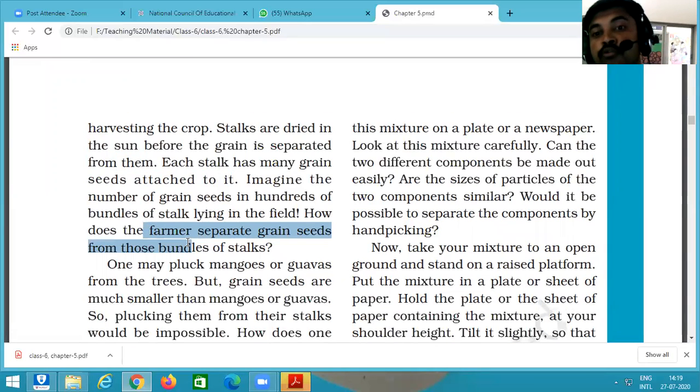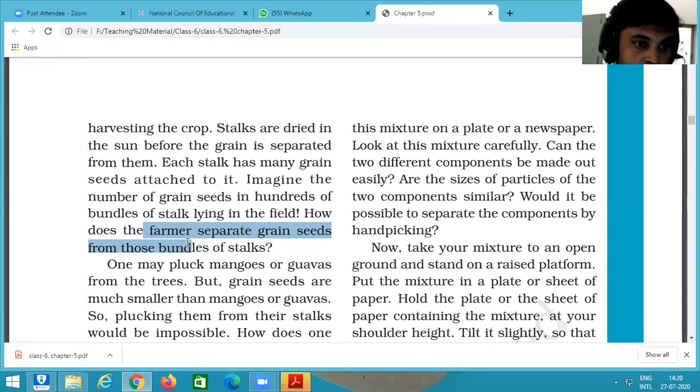If I told you to pick the mangoes from the mango tree, you can usually pick or collect the mangoes from the tree. But when we talk about a grain plant, there are tens or hundreds of grains in a bunch of stalks.